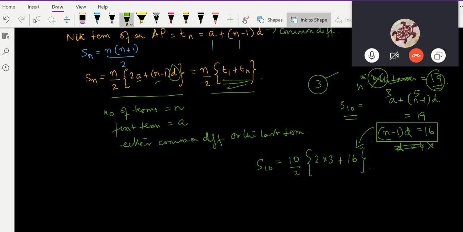But if you are not told which term is 19, you were just told that there is some term which is the nth term, that is 19, then in that case, you cannot find the value of n or d. Clear? So in that case, you have to just find out the value of n minus 1 into d and replace it in the given equation.